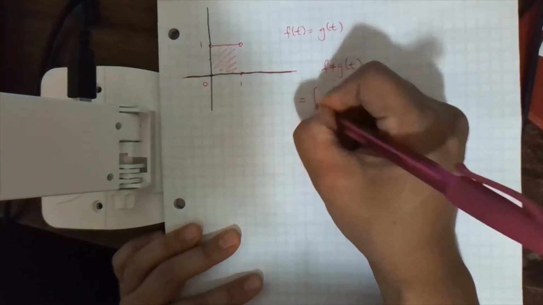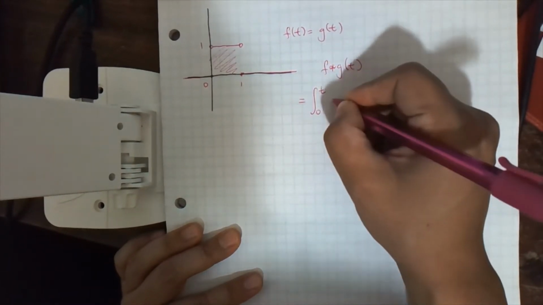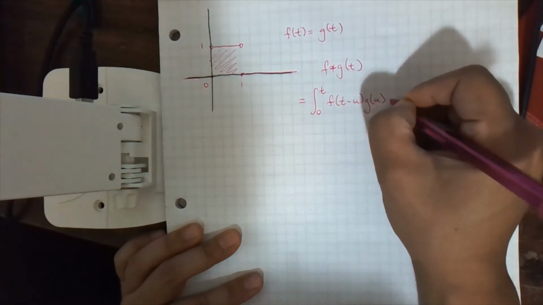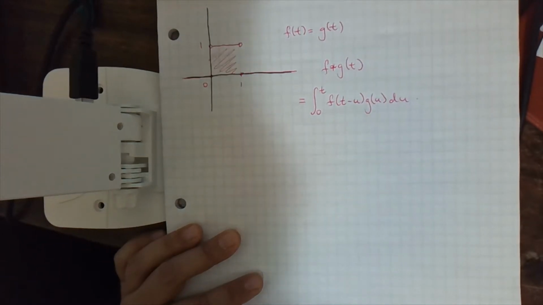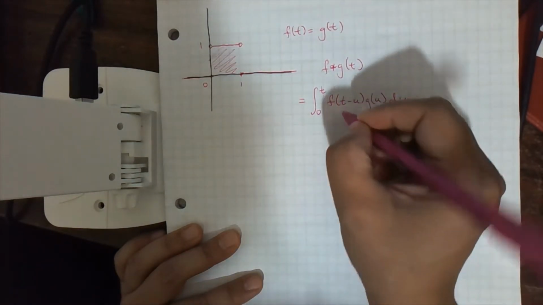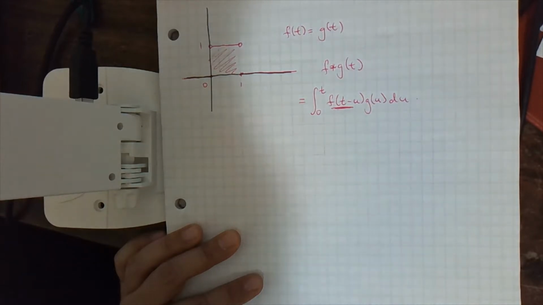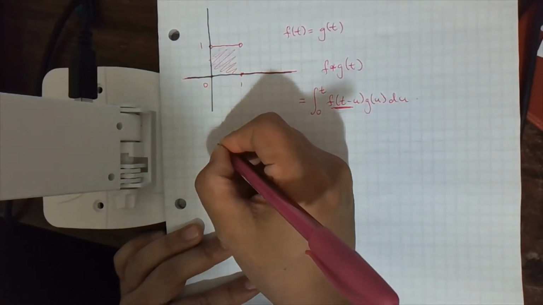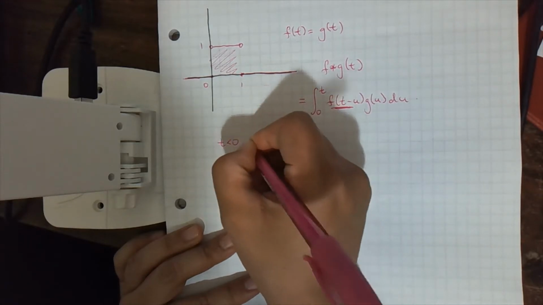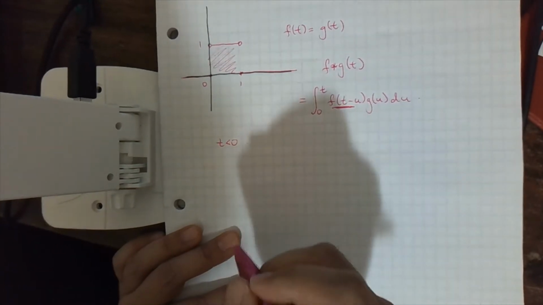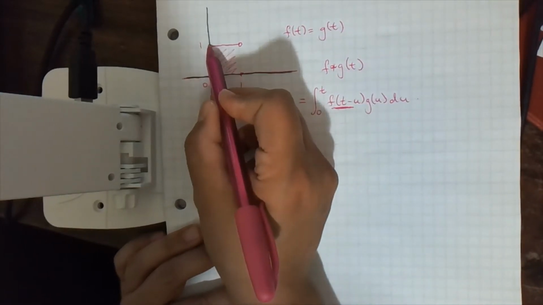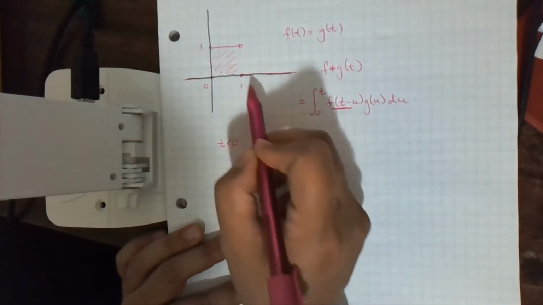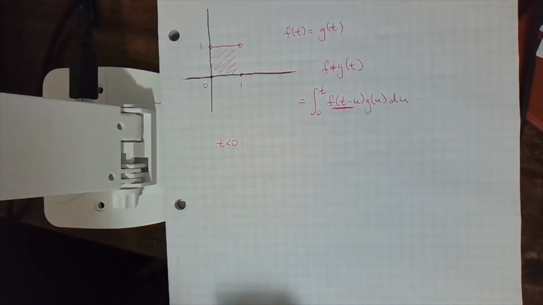Well, by definition, that's the integral from 0 to t of f of t minus u times g of u du. Okay, let's look at some cases. In all of these, we're going to have to figure out what f of t minus u is. First, we'll take t less than 0. The important things are f of 0 and f of 1, because before and after that is where those jump.